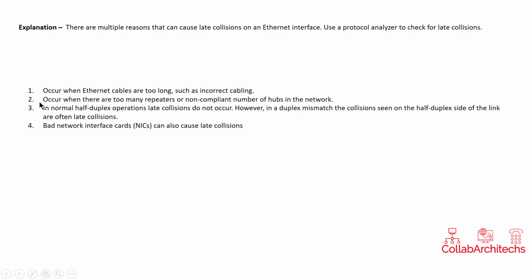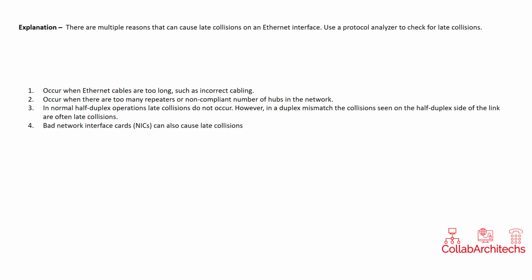Reason two is when there are too many repeaters or a non-compliant number of hubs in the network. If there are too many repeaters or hubs, then it will also cause late collision. The third reason: in normal half duplex operations, late collisions do not occur. We have already seen that. If both sides are half duplex, then late collision will not occur. When will it occur?